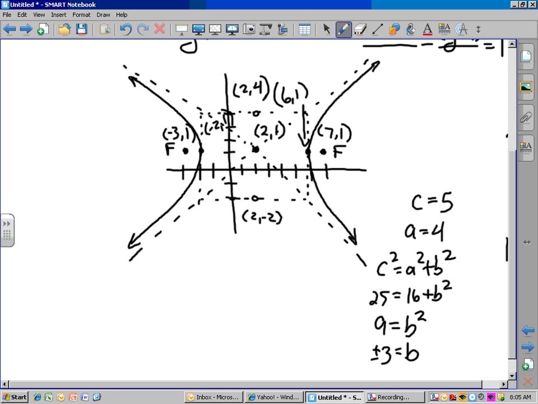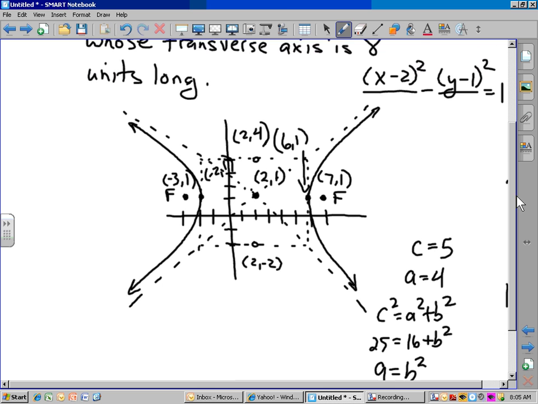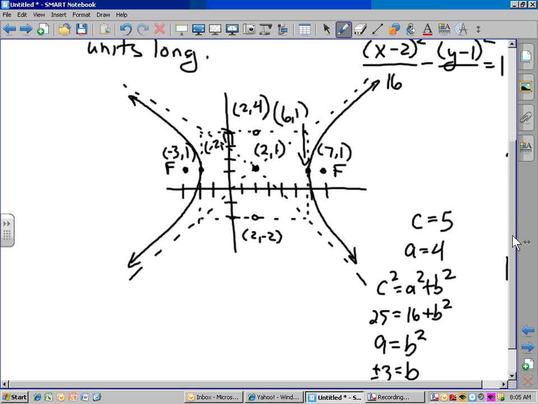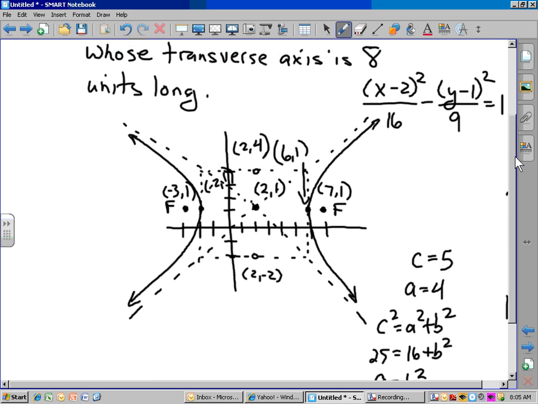Got so excited in drawing this. What's the equation? What goes first always? A squared. In this case, 16. B squared is 9. There's your equation. And we drew it completely.